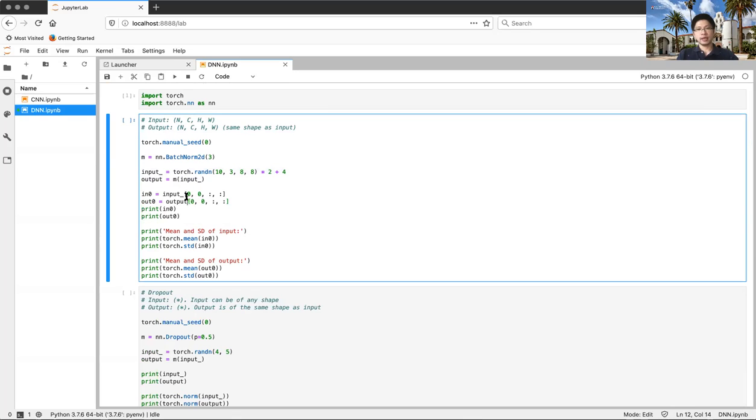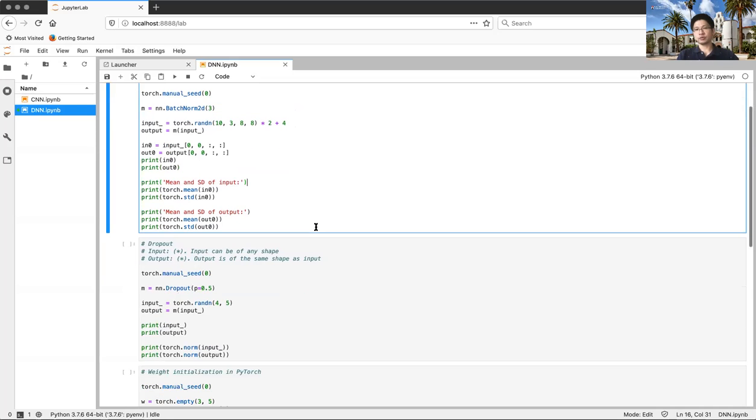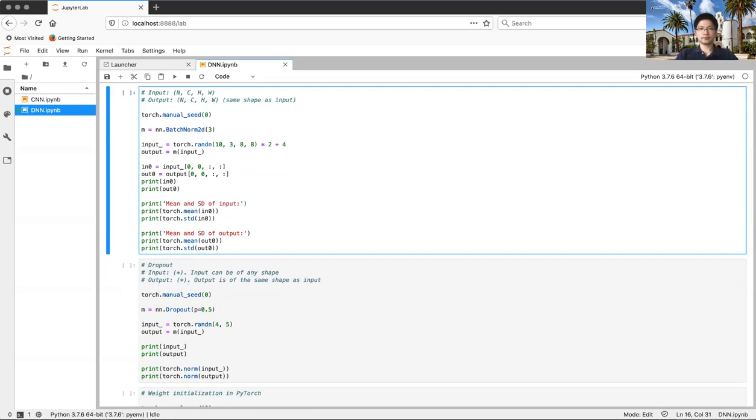And I will take the first slice of image. So it's the first image and the first channel of the inputs. And out 0 is the first image and the first channel in the outputs. And let's compare the difference between them.